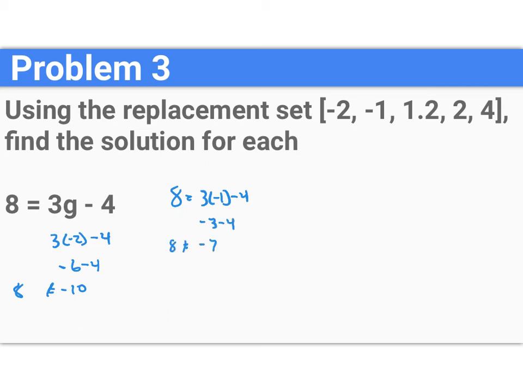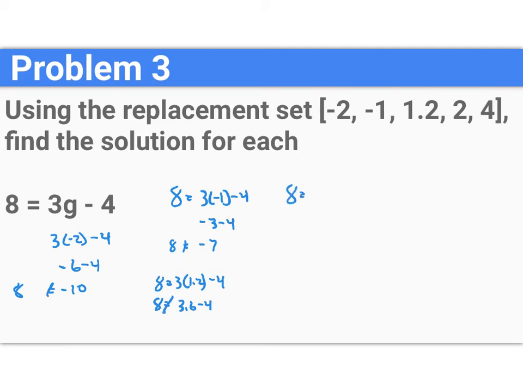That doesn't work. 8 equals 3 times 1.2 minus 4. 3 times 1.2 is 3.6. 3.6 minus 4 is not equal to 8.